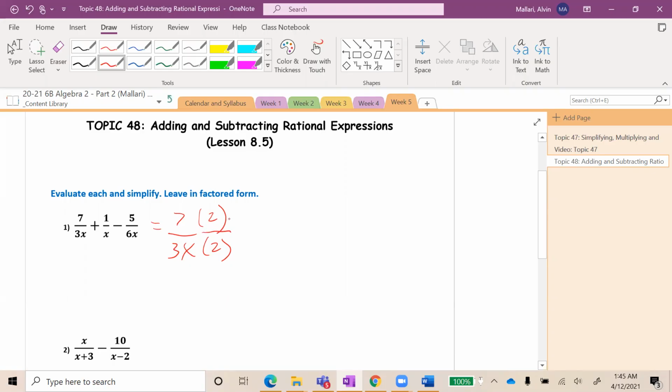So what we're doing now is simply rewriting 7 over 3x in such a way that the denominator becomes 6x. And then working with the numerator, 7 times 2 will be 14. So 7 over 3x written in its equivalent form is 14 over 6x.